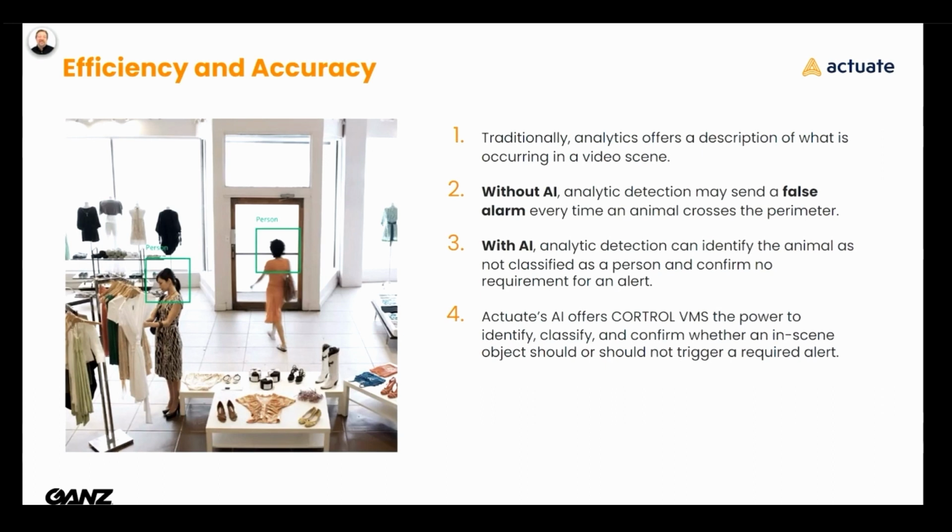AI complements the analytics so that the monitoring agent, the security operator, will be notified, hey, this is a person and you need to take action on that event. But it will ignore the animal creating the event and not notify the security operator. And that helps bring the two together. So Actuate and CoreTrol together really help with the AI to identify, classify, and confirm that the object in the scene is the one you want to be notified about.